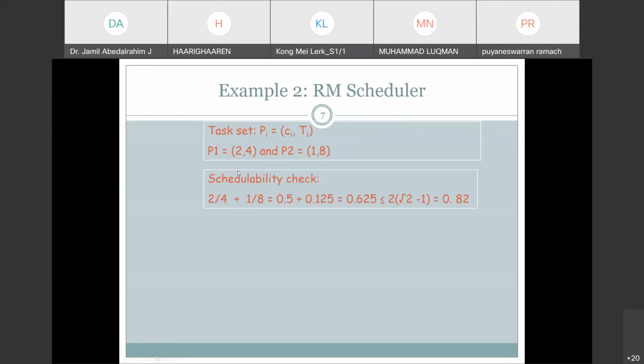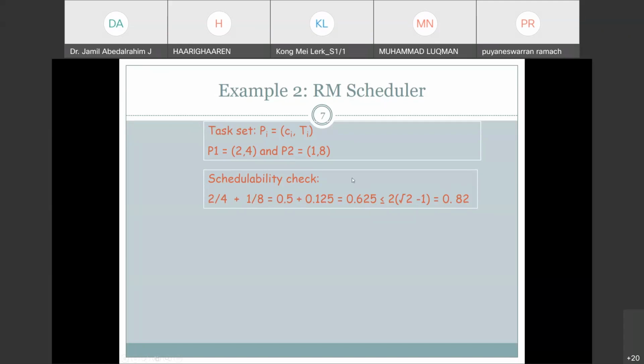We divide the capacity by period for the first task, plus 1 by 8 for the second task. We get 0.5 plus 0.125, which is 0.625. This is our utilization, and it should be equal or less than the utilization bound.